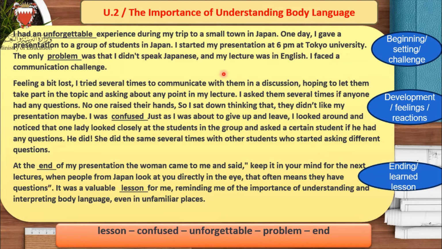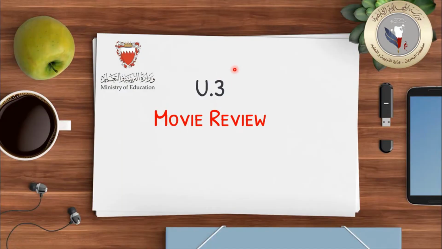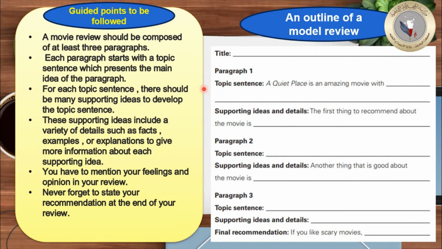Now we come to the next writing topic for Unit 3, which is movie review. Before I start to explain movie review, there are many guided points to be followed while writing this kind of topic. Number one, a movie review should be composed of at least 3 paragraphs. Each paragraph starts with a topic sentence which presents the main idea of the paragraph.